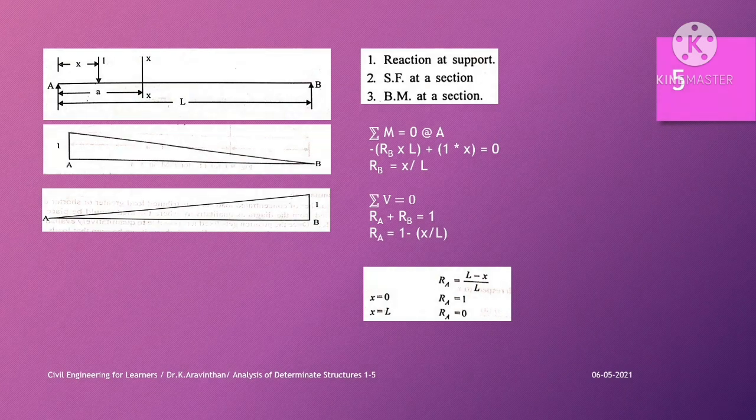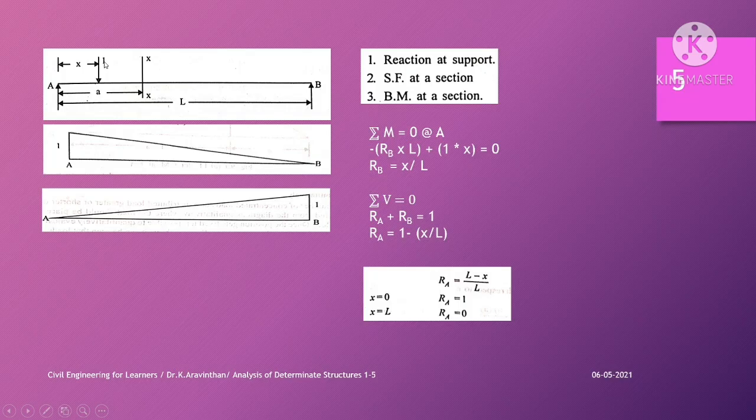Okay, let us consider a simple problem and apply the influence line concept. This is a simply supported beam. Here you have two reactions, and let us draw the influence line diagram for shear force and bending moment at a section. The length of the beam is taken as L, and we will assume a unit load.